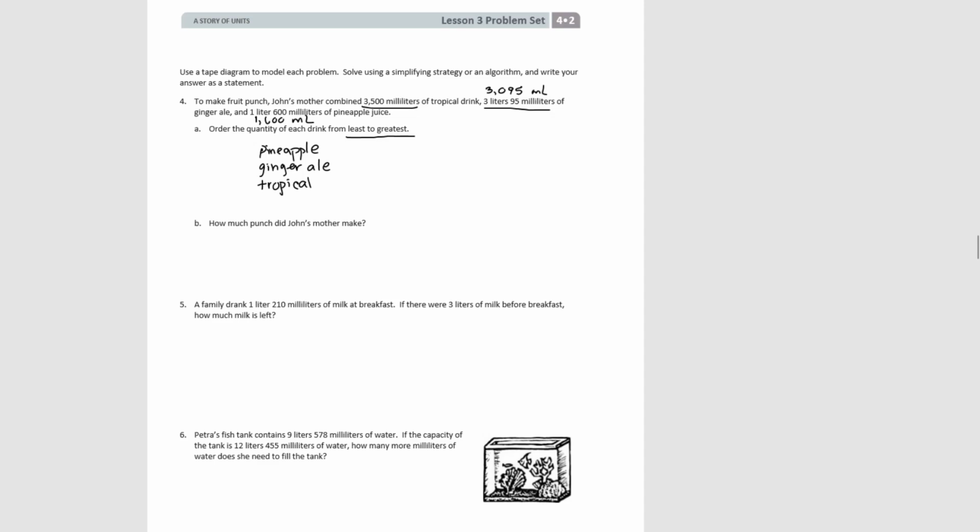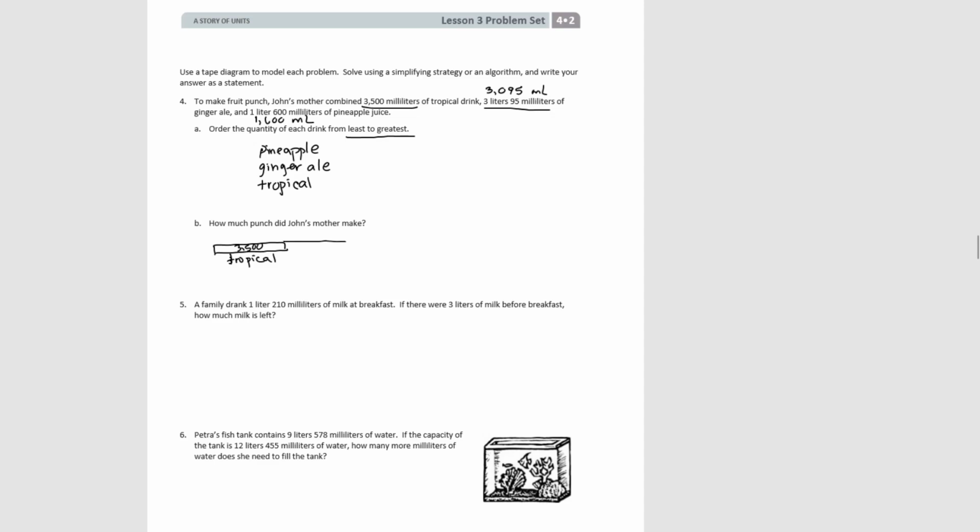Then the question is, how much punch did John's mother make? So we're looking for a total. We have 3 different kinds of liquid that we're adding to this. So we have the tropical drink, which is 3,500.